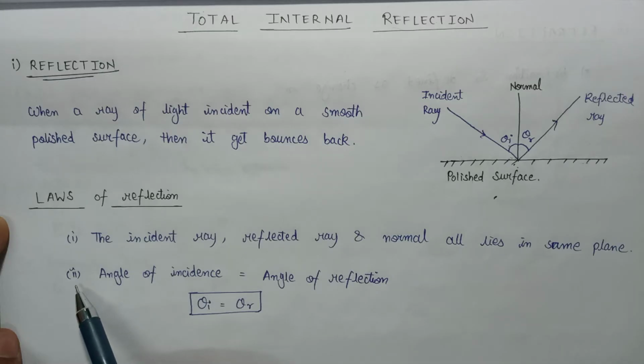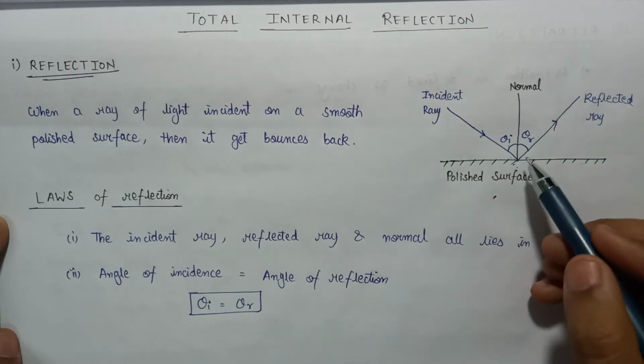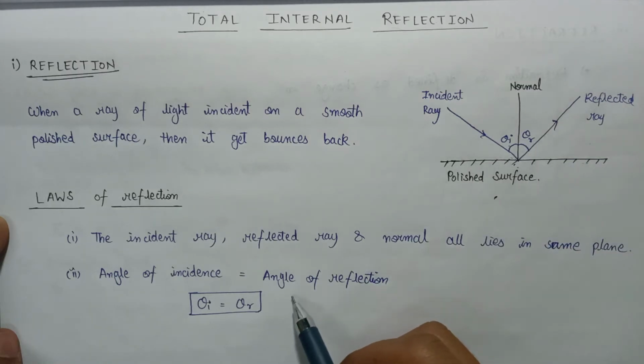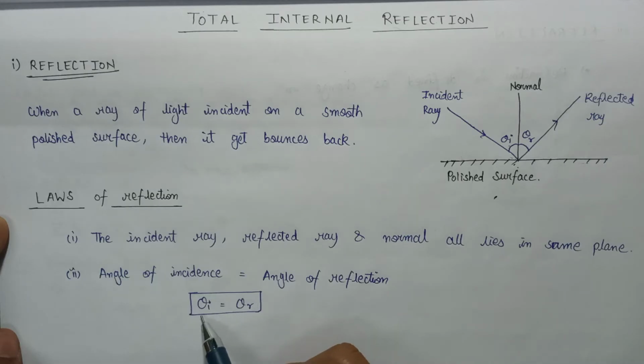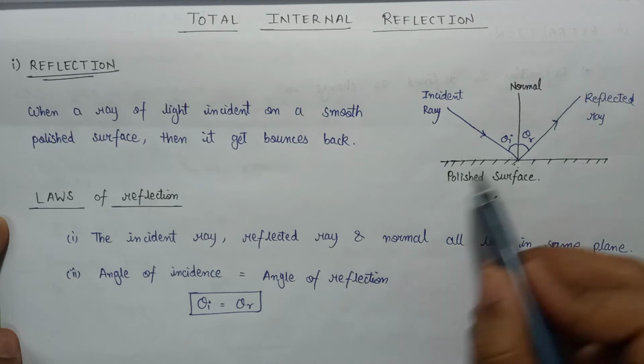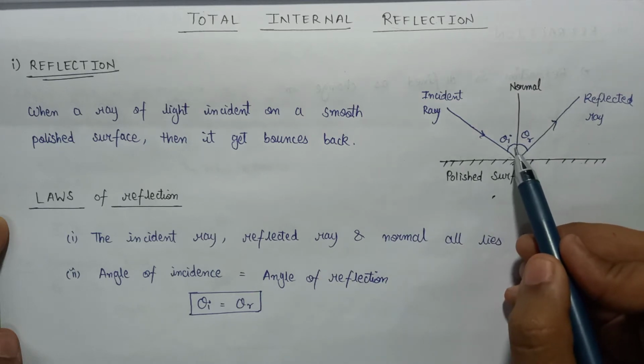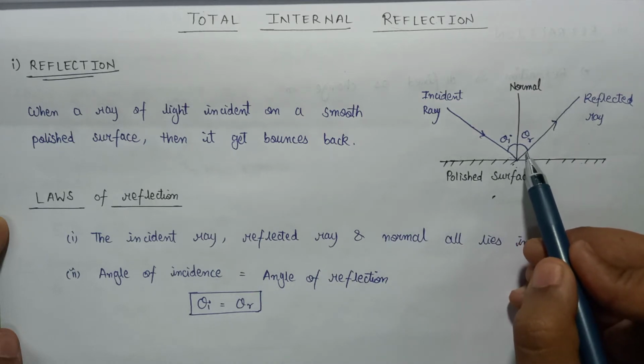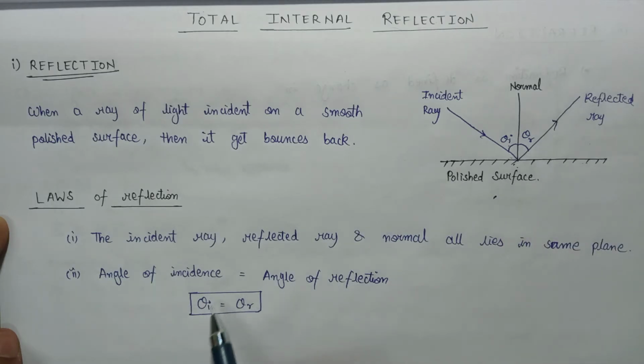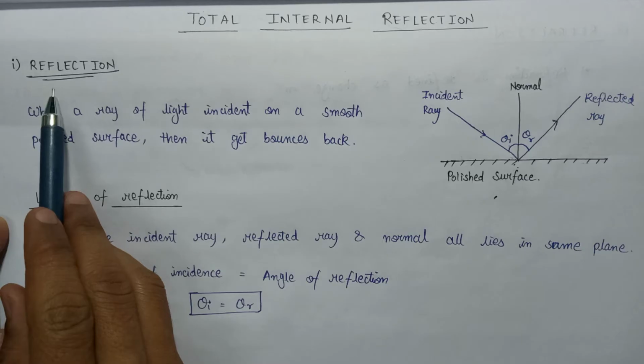According to the second law of reflection, the angle of incidence is always equal to the angle of reflection. Mathematically, the value of theta I should always be equal to the value of theta r. Theta I is this angle and theta r is this angle. And this is all about the phenomenon of reflection.